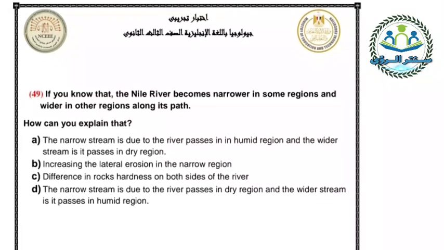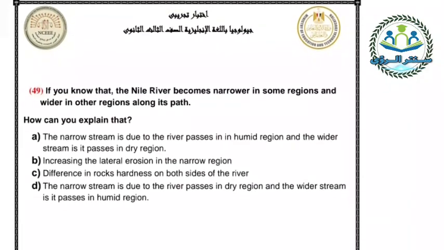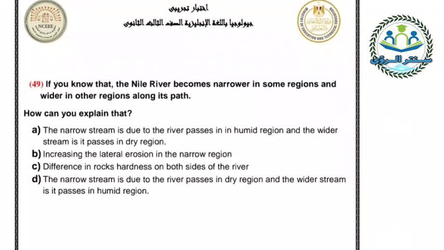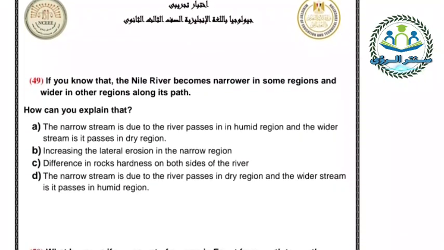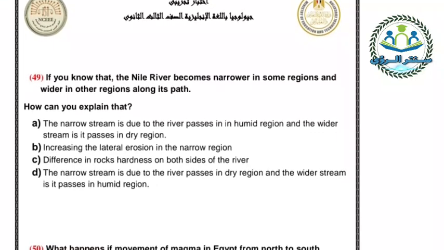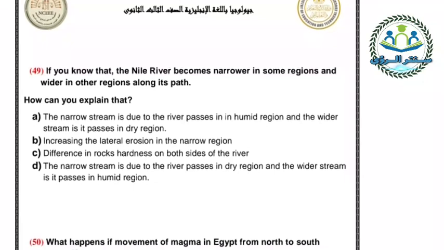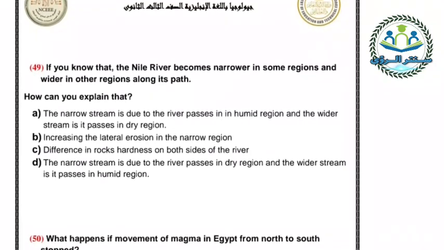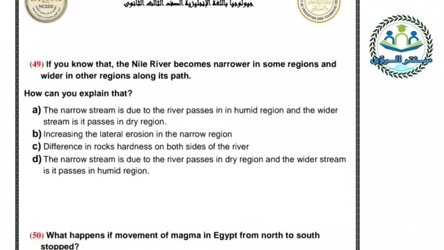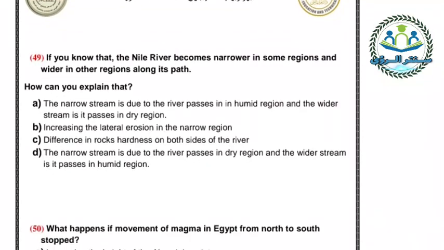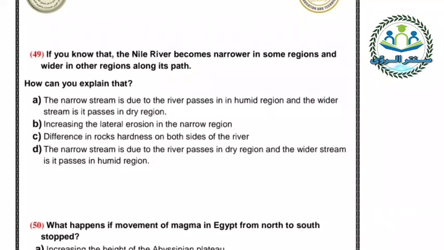49. If you know that the Nile River becomes narrower in some regions and wider in other regions along its path, how can you explain that? A. The narrow stream is due to the river passing in a humid region and the wider stream is where it passes in a dry region.